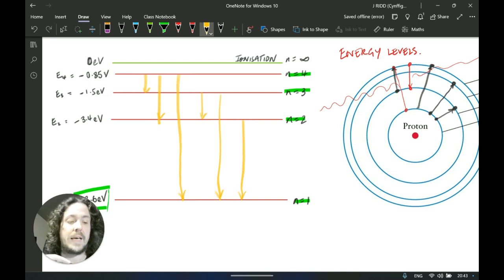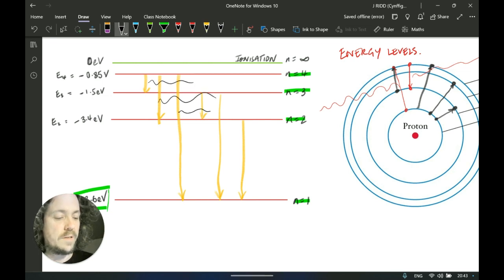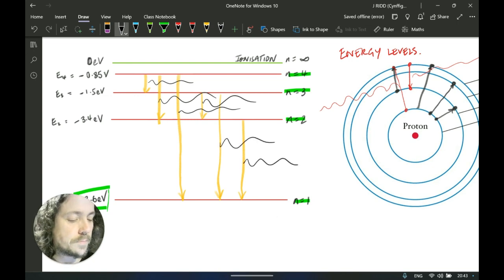What I'm getting at here is there are certain numbers of permitted transitions from higher energy states to lower energy states, and therefore there will only be a set of finite number of possibilities for photon energies that can be produced.